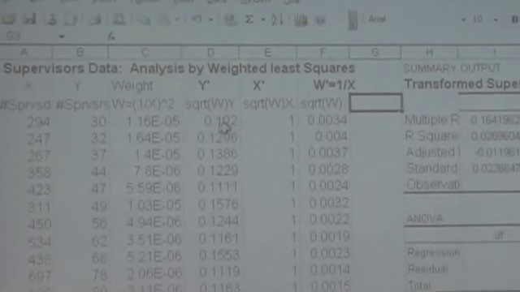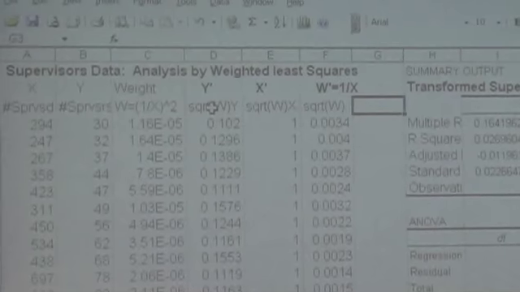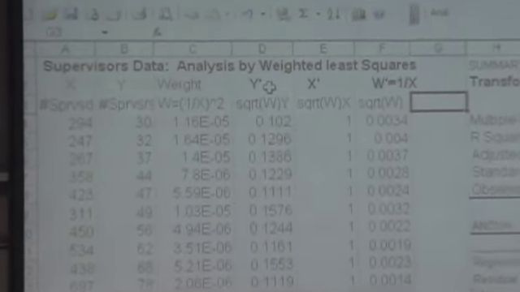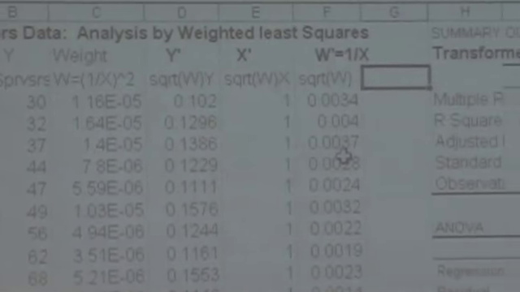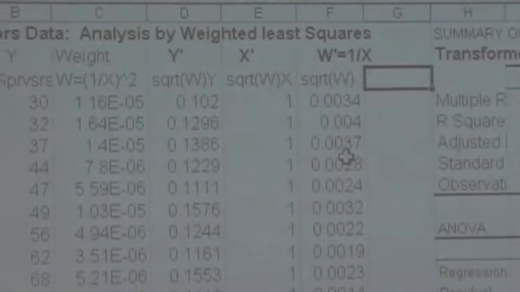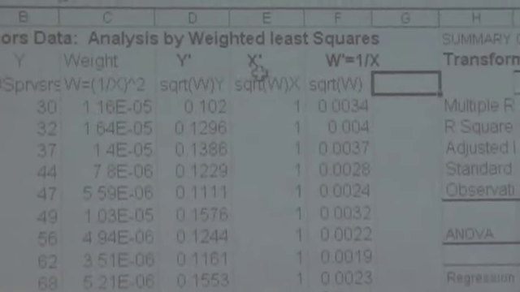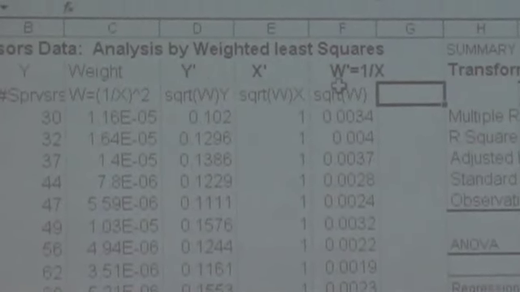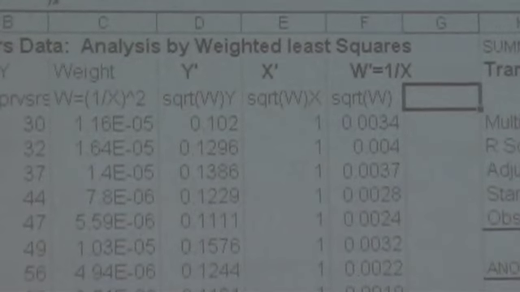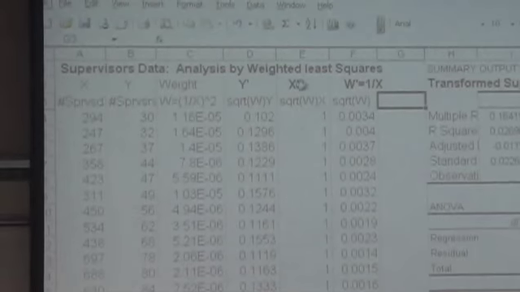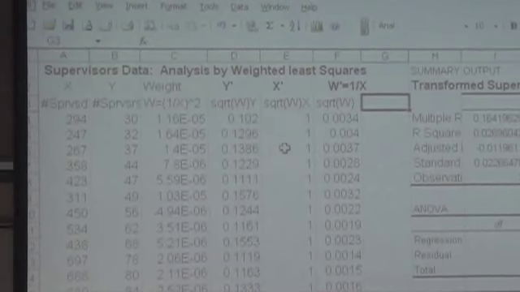Basically what I'm going to do now is simple linear regression of y prime on w prime, with intercept. And that's going to give me the other coefficient that I want.